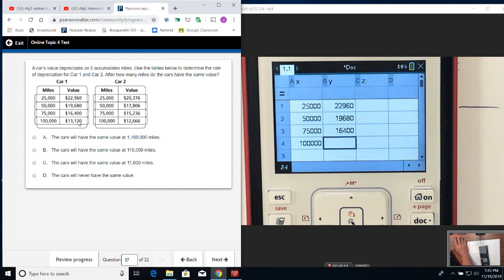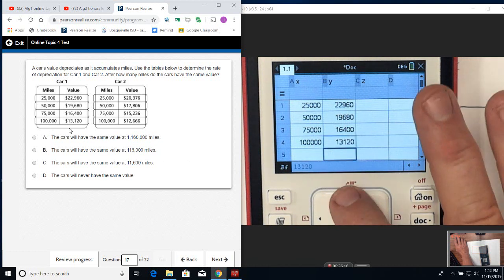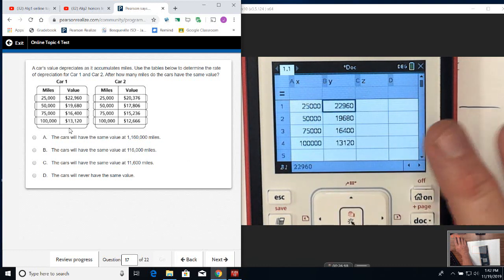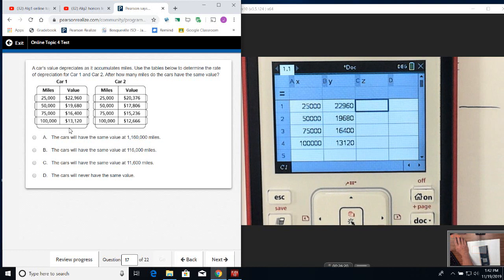So if this car has 100,000 miles on it, it's worth $13,120. What about the other car? So maybe I want to buy the other car, and I want to see which one's going to be worth so much money at so many miles. So maybe this is a Toyota, and this was a Ford. And the Ford's value after 25,000 miles is $20,376.